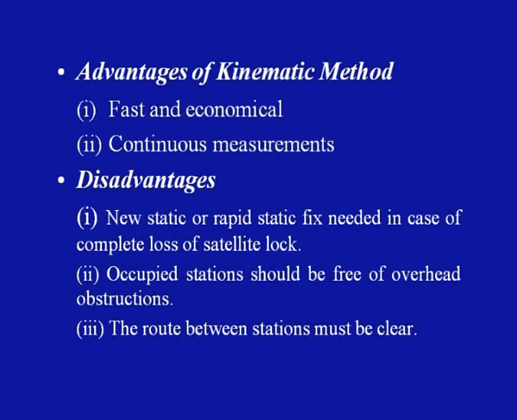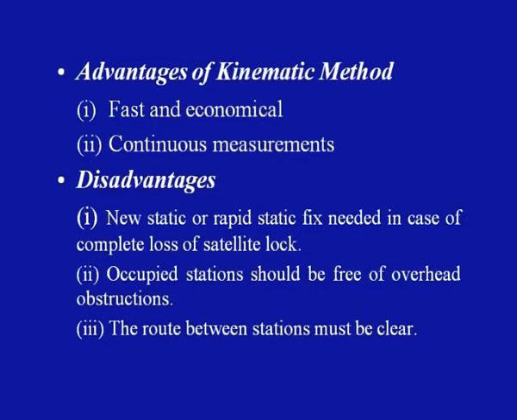The occupied station should be free of overhead obstructions, that is, there should be no tree or building close by, or electric wire passing. The route between the stations must also be clear, that is, there should be a clear link between the reference and the rover receivers in the area.